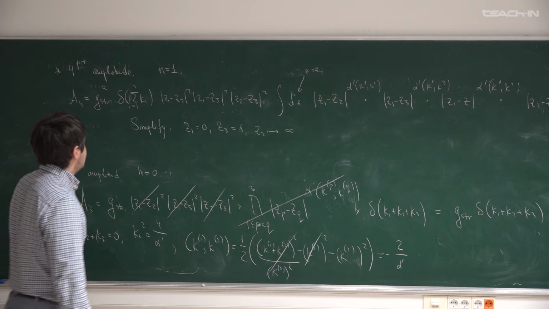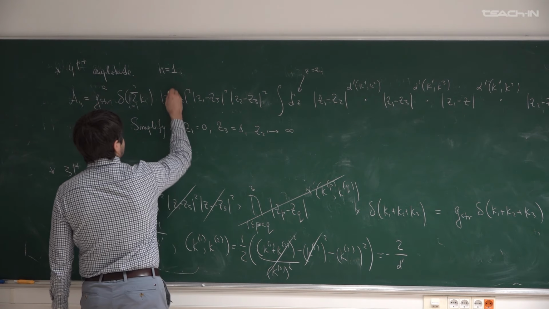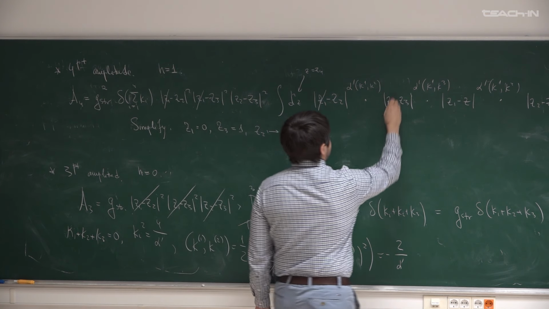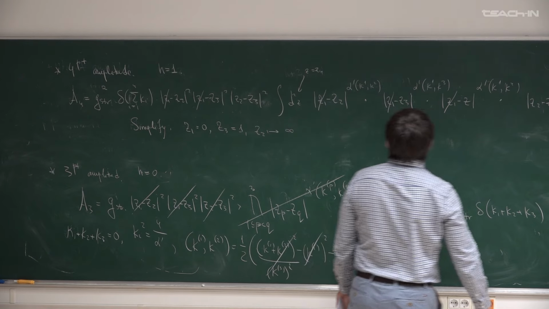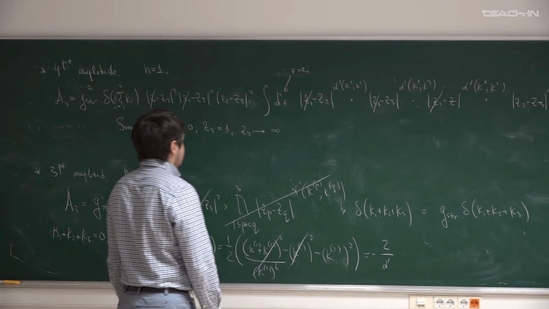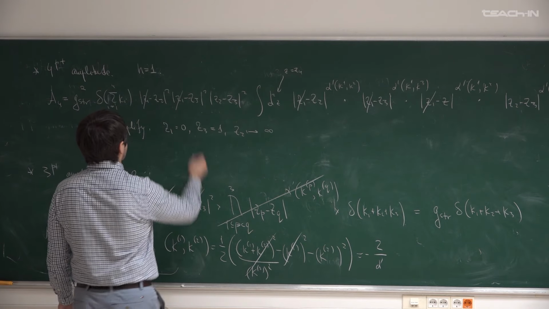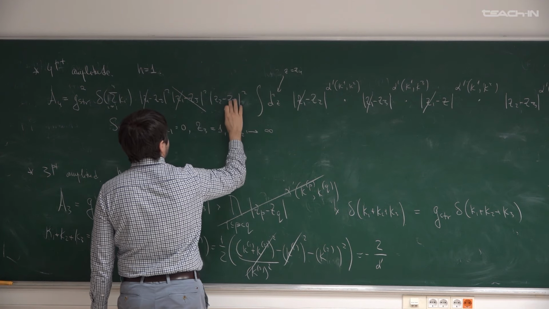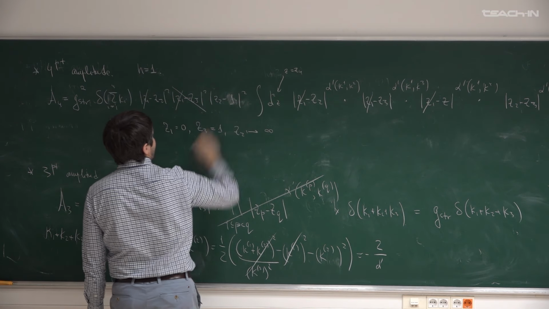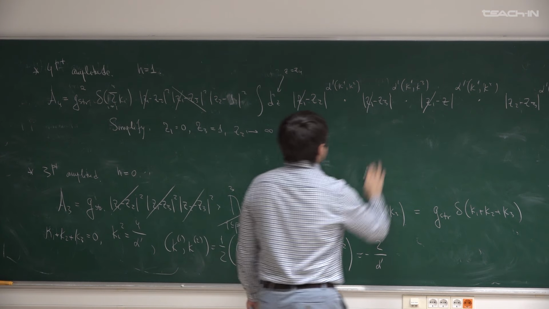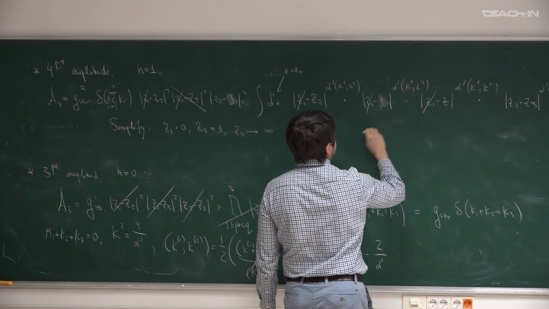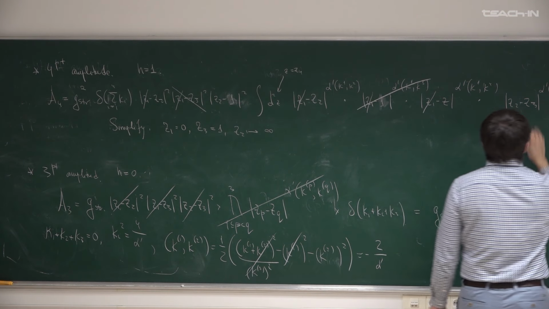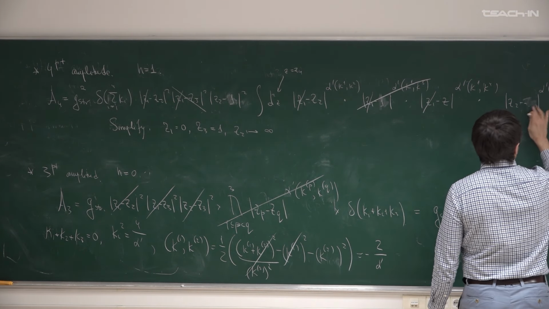So z1 is 0 and z3 is 1. For example, this is just 1, this is 1, this is 1, so this is also 1, and this is 1.